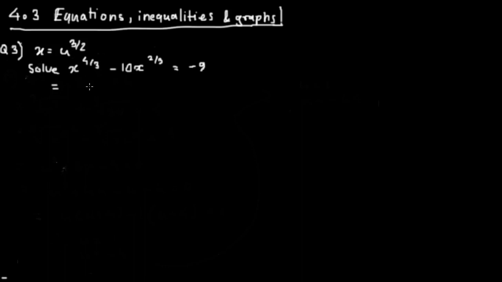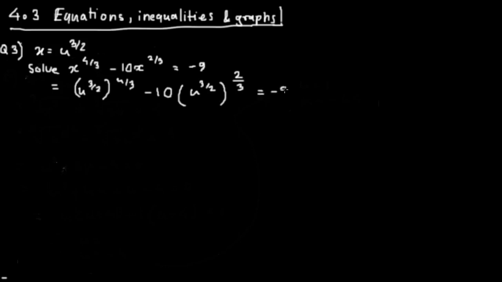Just plug it in normally. So u to the power of 3 over 2, right, to the power of 4 over 3, right? So then from there you can write minus 10 into u to the 3 over 2 to the power of 2 over 3.